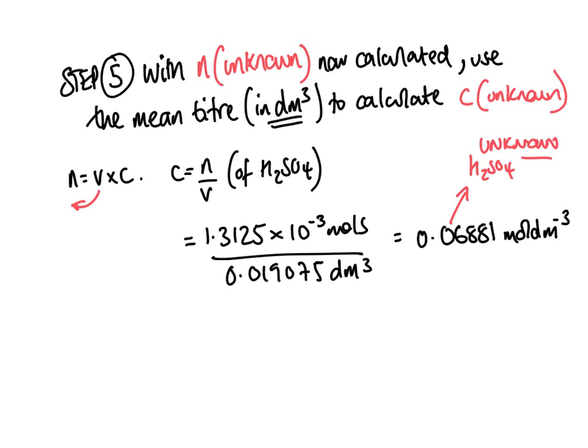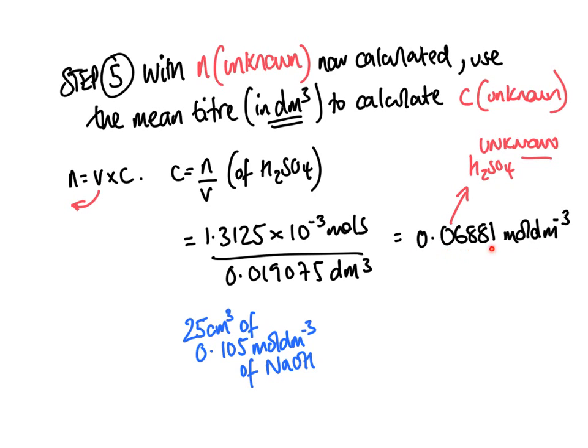Now it is important because this was the initial piece of information of our known standard solution, the volume and the concentration that we were given. So we are limited by the significant figures of the information that we are given. In this case, we are given 3 significant figures being our limit in mole dm cubed.